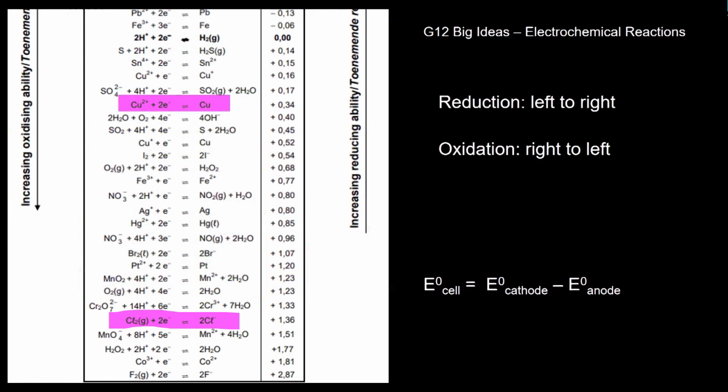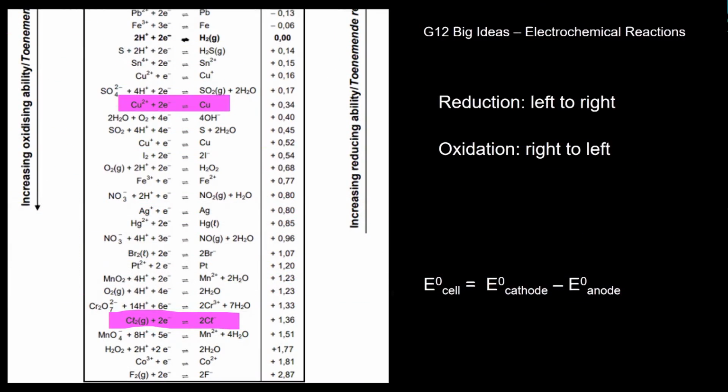One way of finding these half reactions, because you might be saying, I don't know how to write these half reactions, is to look at this table. Now, you might have seen it before. It is the standard potentials table, reduction potentials table, and it is a list of all the reactions that we find in our redox reactions.